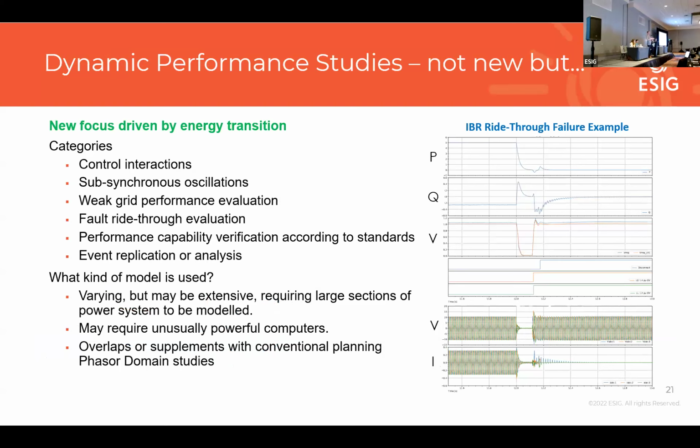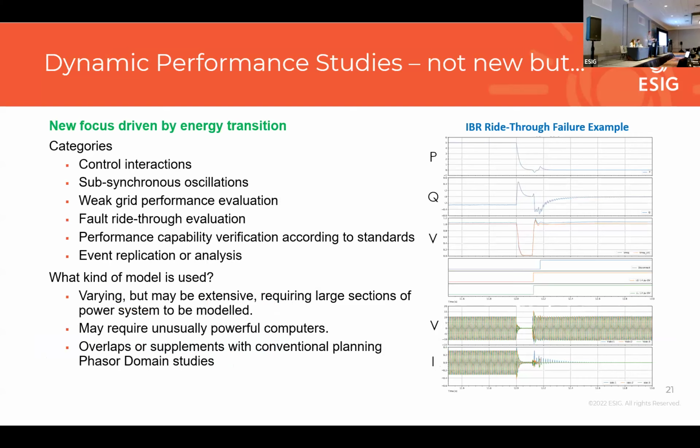One of the big ones that I think is more the focus of what we're talking about here, especially with some of the events that have happened and the motivation that Julia was describing initially, is the dynamic performance need, and assessing the risk and the behavior and the performance of these resources, altogether on the system. There's a new focus driven here by the energy transition, by the higher penetrations of IBR.